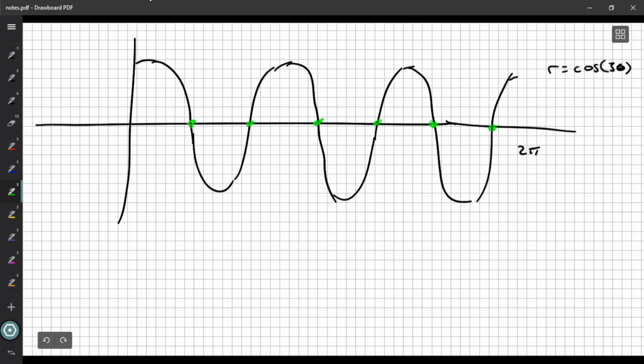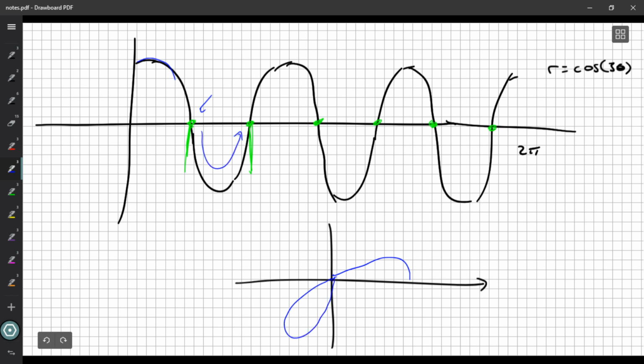And all we really need to do is get the area from one intersection of the pole to the next. In particular, if we start drawing from one, come down around here, we hit the pole, then we enclose this loop.